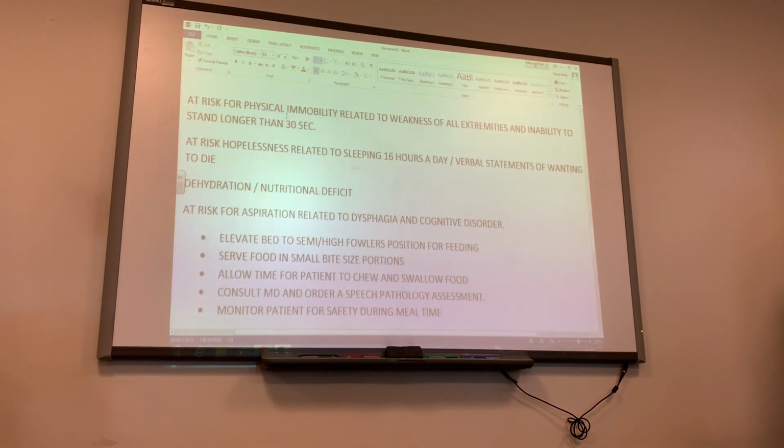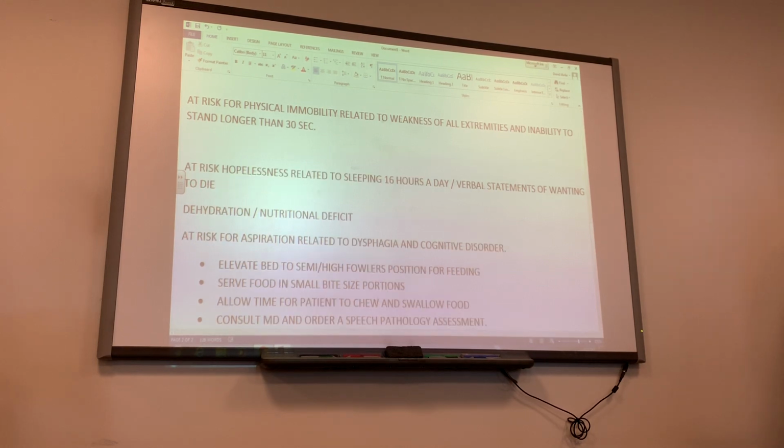Let's do this one. At risk for physical immobility related to generalized weakness, or inability to stand longer than, okay. So what's gonna be our interventions for this patient? Perform range of motion. Say that again?